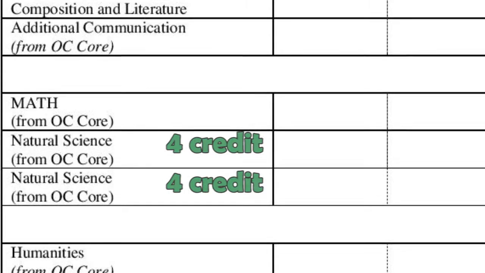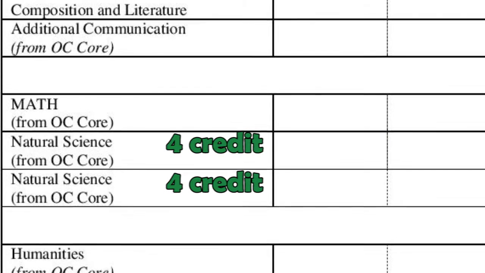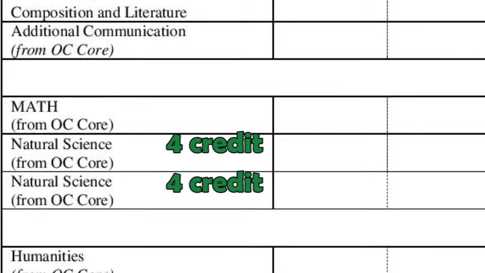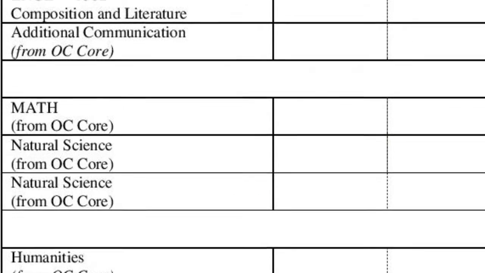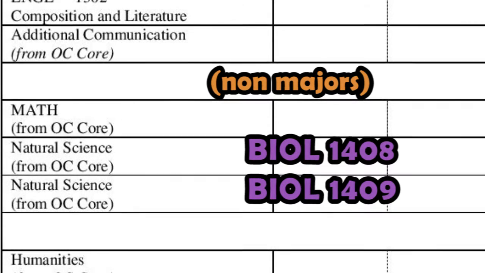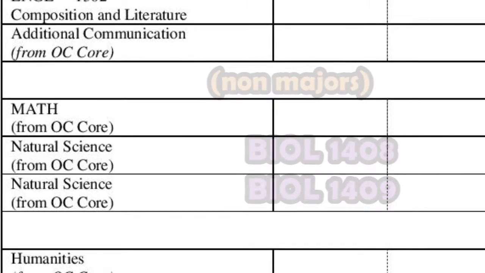There are 2 4-credit science classes required. These science classes must be 2 of the same sciences. Biology 1408 for non-majors and Biology 1409 for non-majors are preferred.